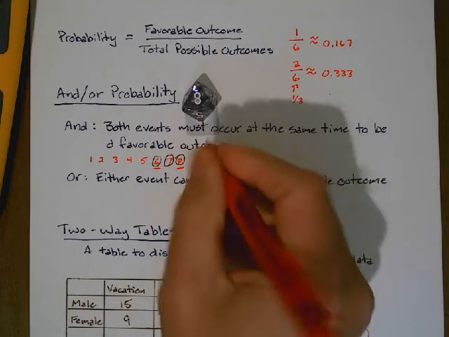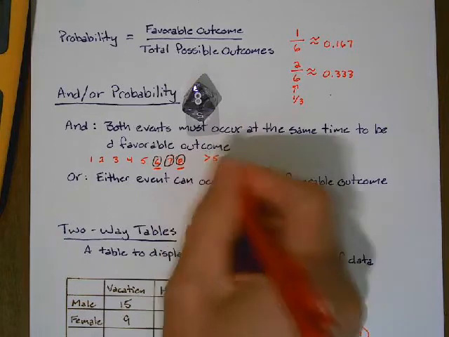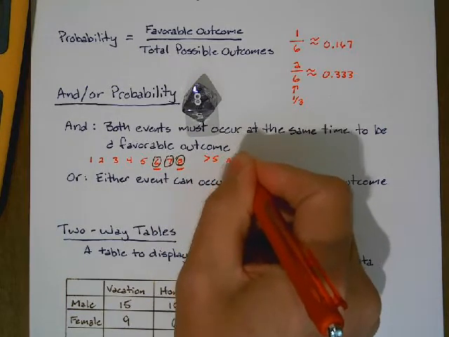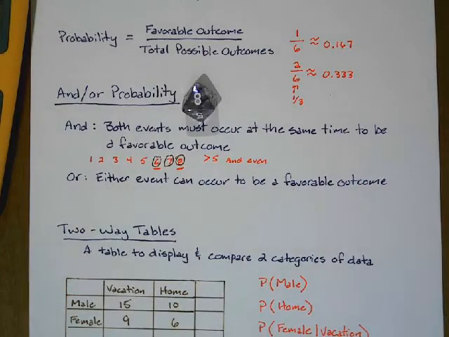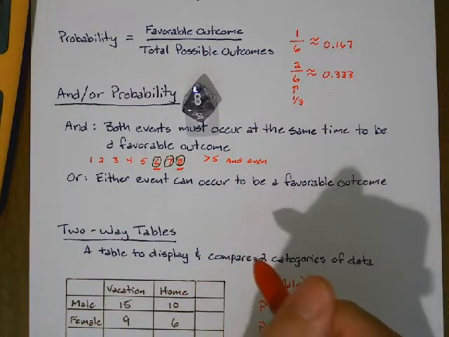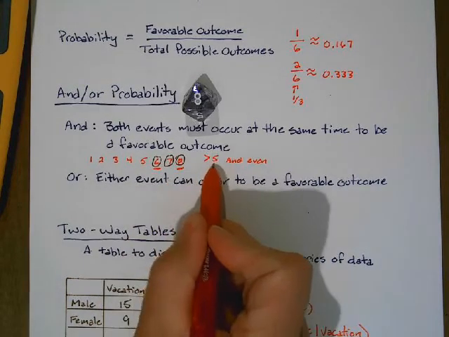So we were looking at greater than 5 and even. So greater than 5 and even means that can only be 6 and 8, because 6 and 8 are the only ones that are greater than 5 and even.